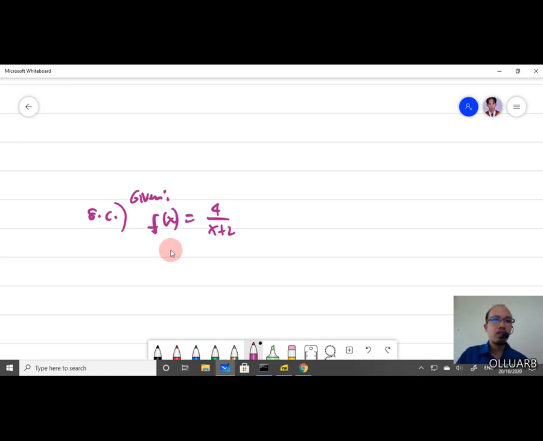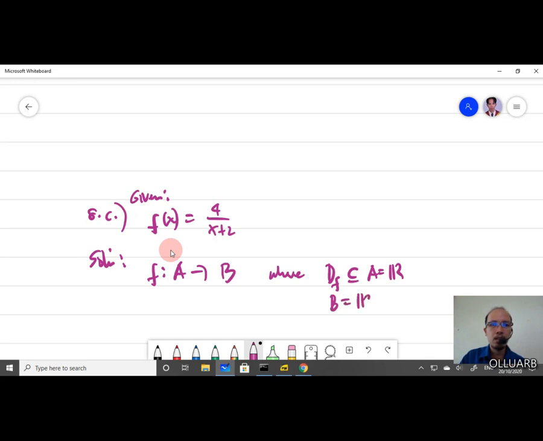Okay, so notice that the mapping is not defined. So it is assumed that this is a function, meaning it is assumed that the domain of the function is a subset of R. Okay, and the codomain is of course the set of real numbers.